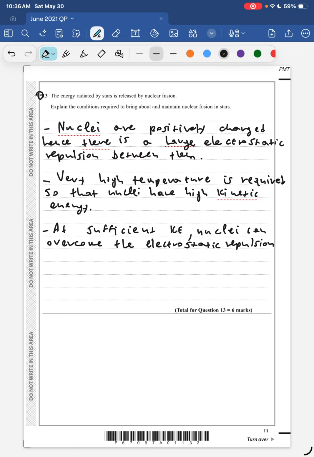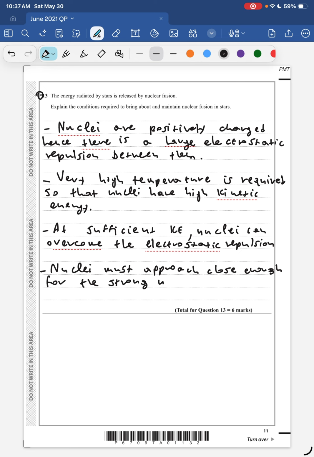Okay, nuclei must approach close enough for the strong nuclear force to act and bind them.